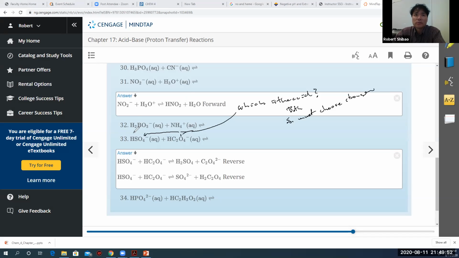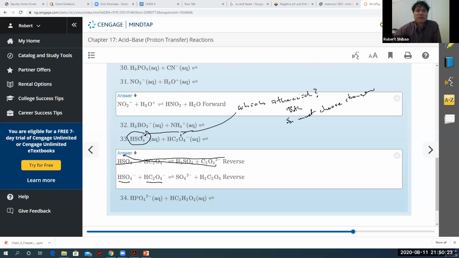So we picked the stronger one, which was bisulfate. Therefore, bisulfate's the acid, and then hydrogen oxalate's the base. And so bisulfate is going to lose the hydrogen, it's going to form this, and then hydrogen oxalate is going to gain it. We don't pick this one here. We don't pick this one because the stronger one should act as the acid.